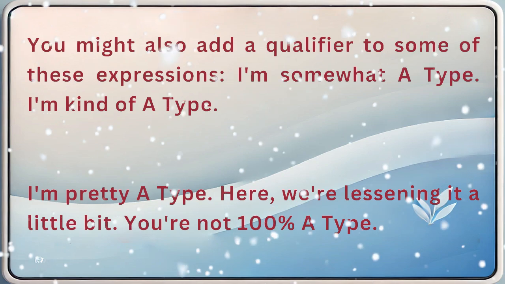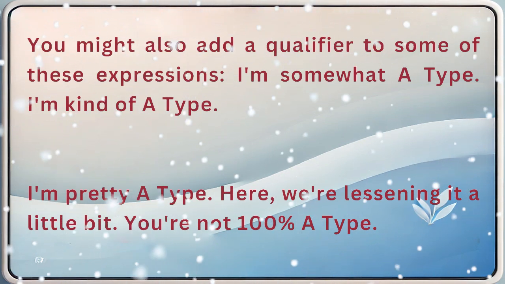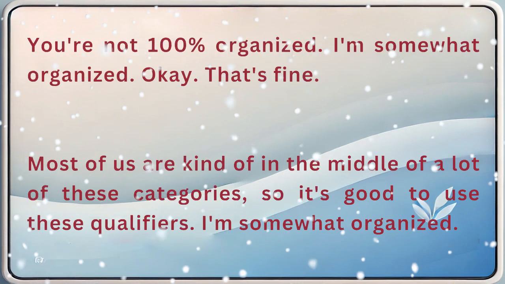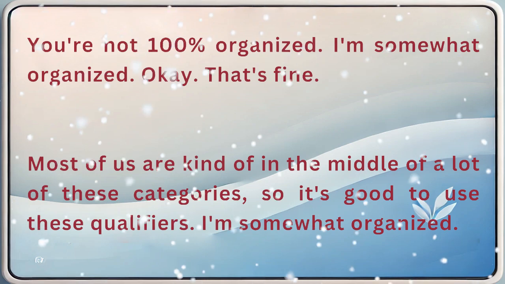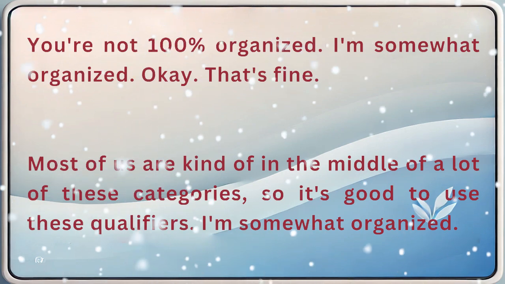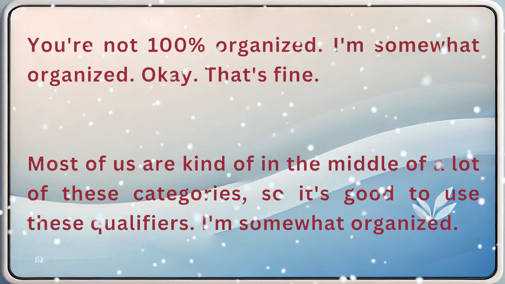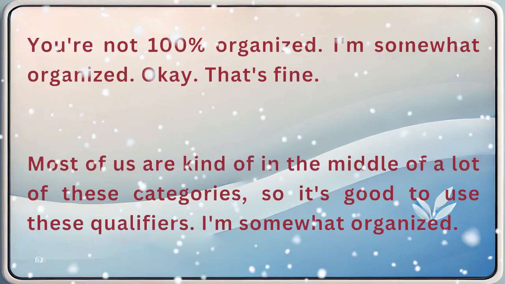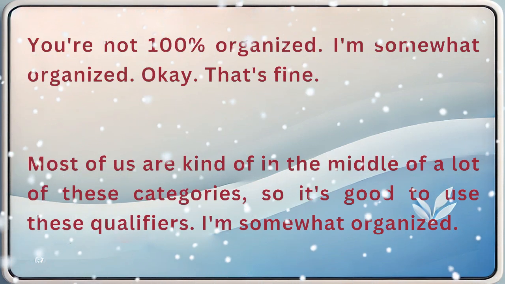Here, we're lessening it a little bit. You're not 100% A-type. You're not 100% organized. I'm somewhat organized. Okay, that's fine. Most of us are kind of in the middle of a lot of these categories, so it's good to use these qualifiers. I'm somewhat organized.